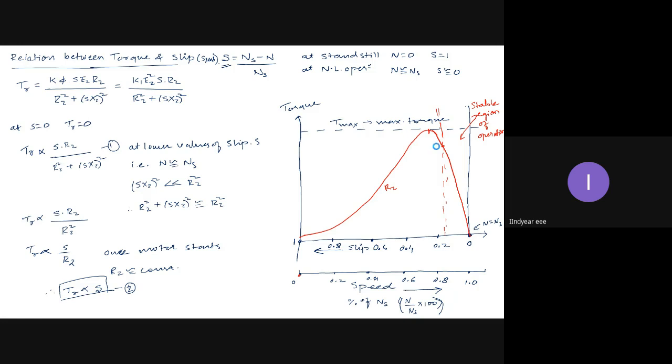But what we have here, the rotor resistance R2 will not decide the maximum torque, as Tmax is independent of R2.